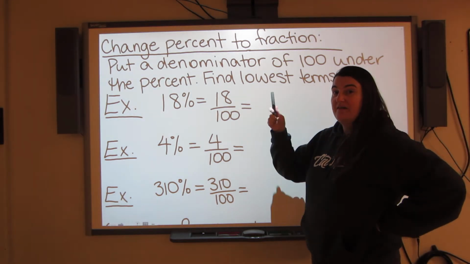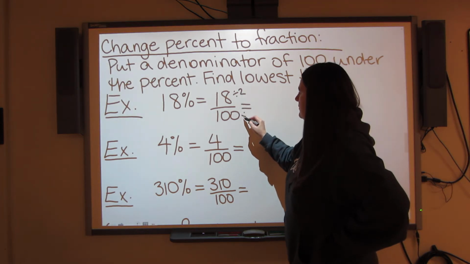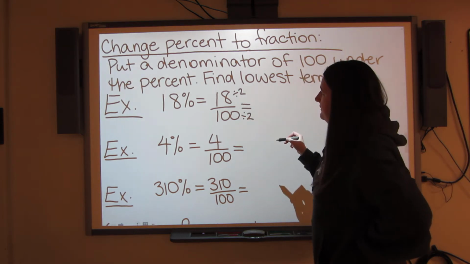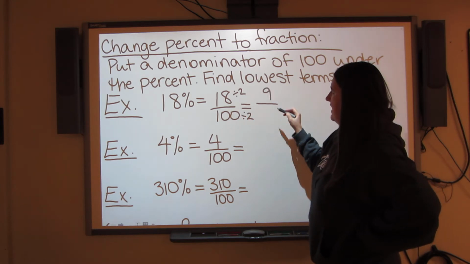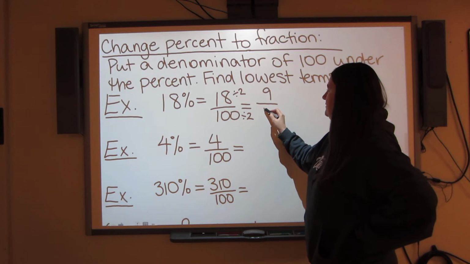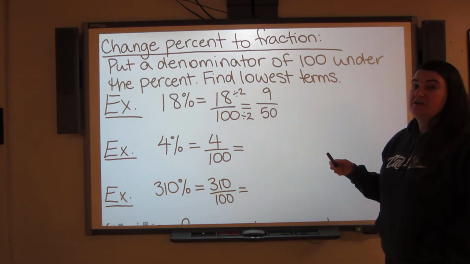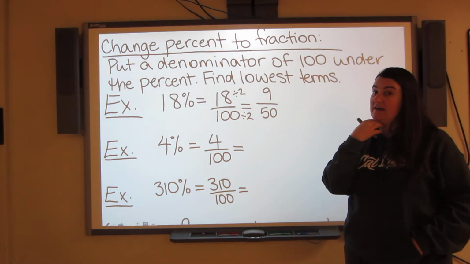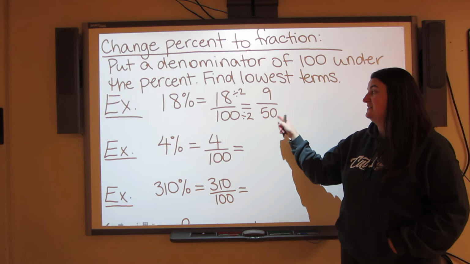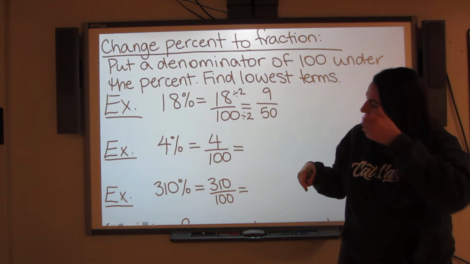The only one they have that's the same is 2. So I make lowest terms. 18 divided by 2 is 9. 100 divided by 2 is 50. I know it's lowest terms because the only things that I can divide into 9 are 1, 3, and 9, and I can't divide any of those into 50. So it's lowest terms.